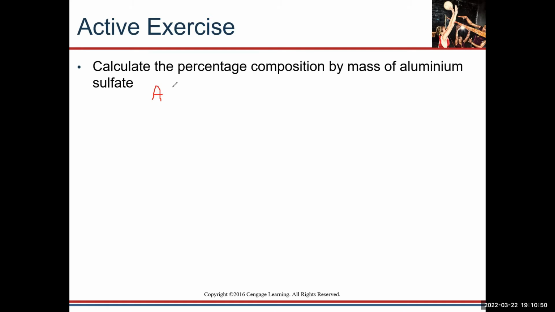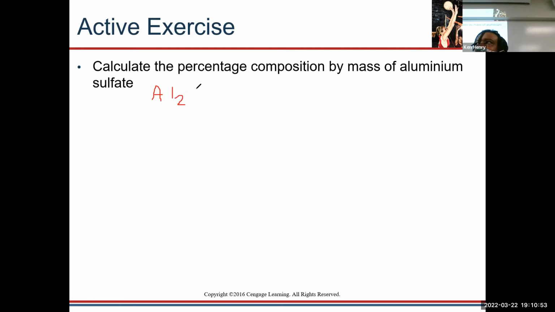Al2(SO4)3. Because we know that sulfate has a -2 charge, we need 3 of those, which is a total of -6. And aluminum is +3, so we'll need 2 of those to balance out that -6.